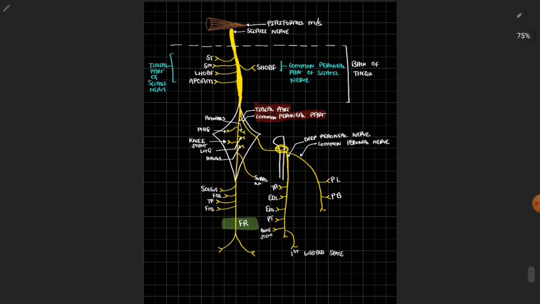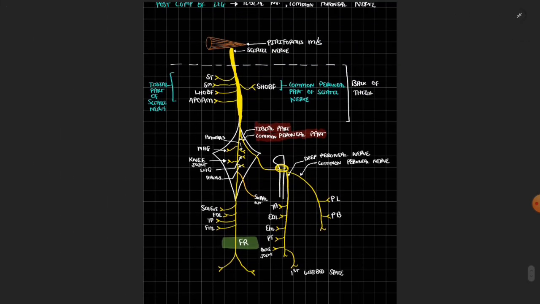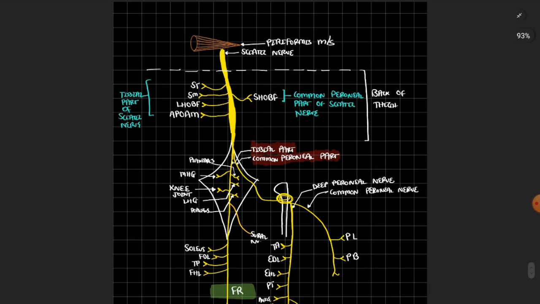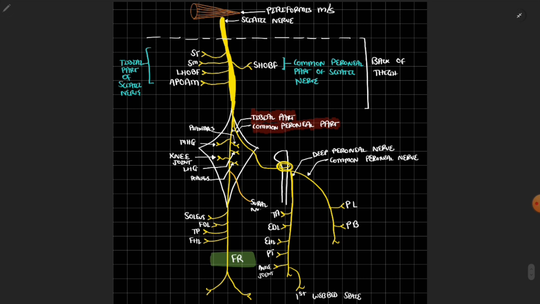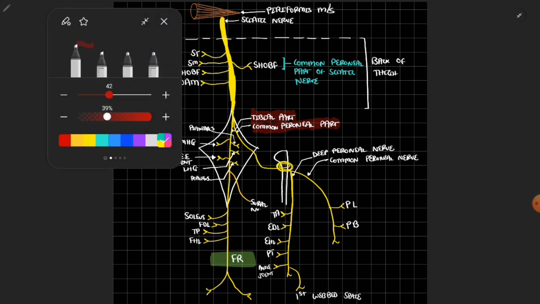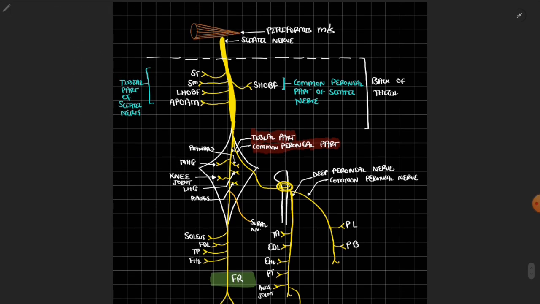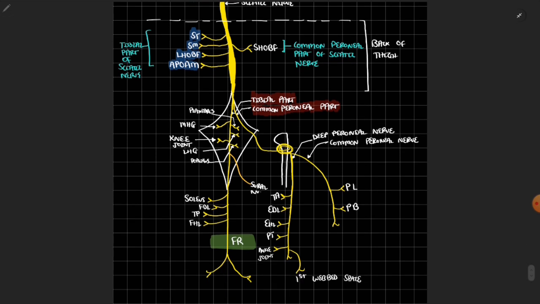So this was the diagram which I have made personally. It shows all the nerve supply of the lower limb except the front of the thigh, the medial side of the thigh, and the gluteal region. I will first mark it with a different color for the tibial part, and then the common peroneal part.